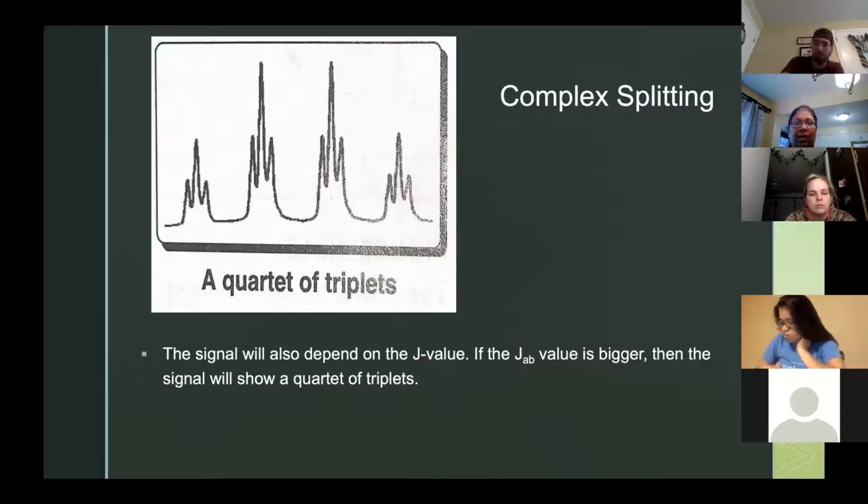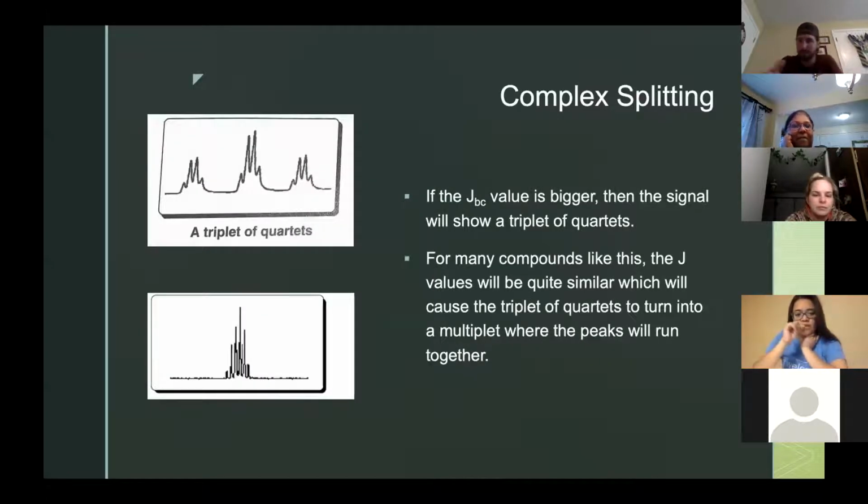When would you see a quartet of triplets, and when a triplet of quartets? That depends on the J value. If the JBC value is bigger, then you'll see a triplet of quartets. So you have 3 signals, and they'll all have 4 peaks.